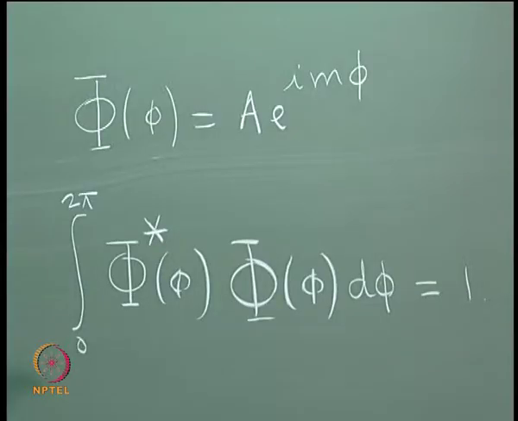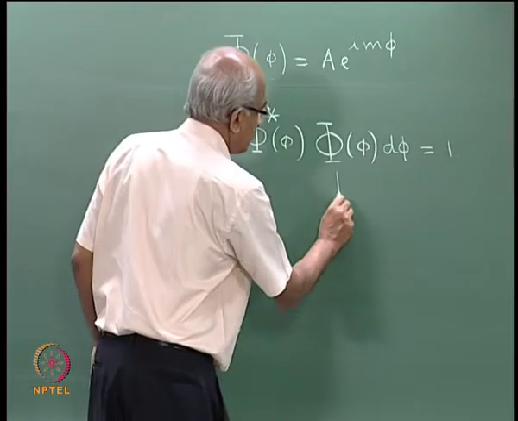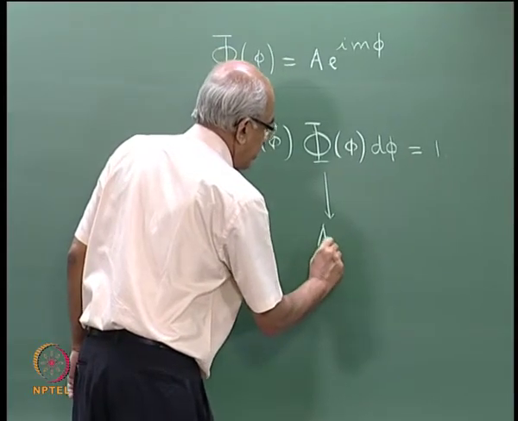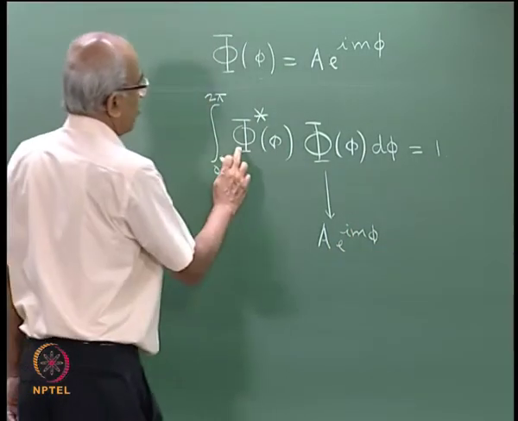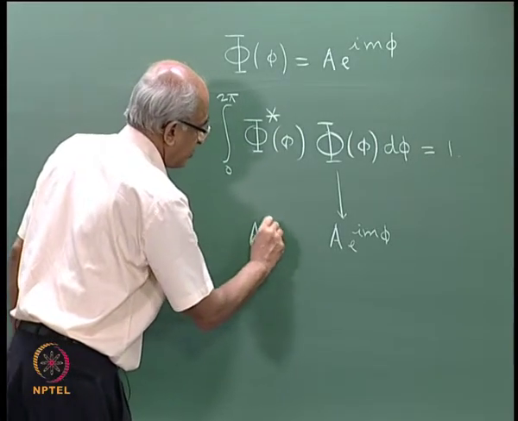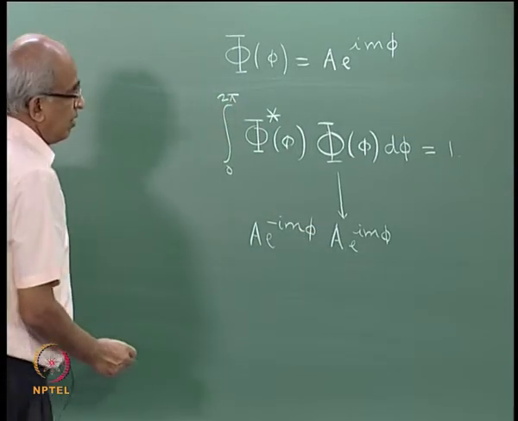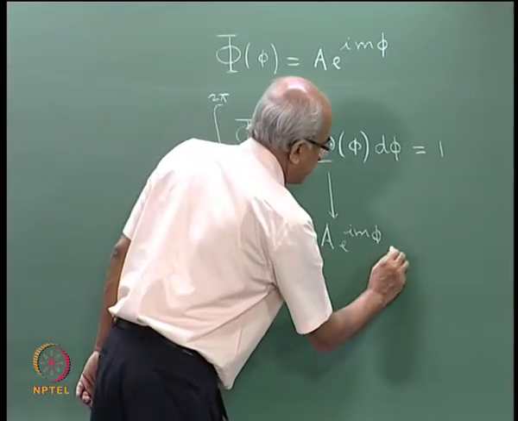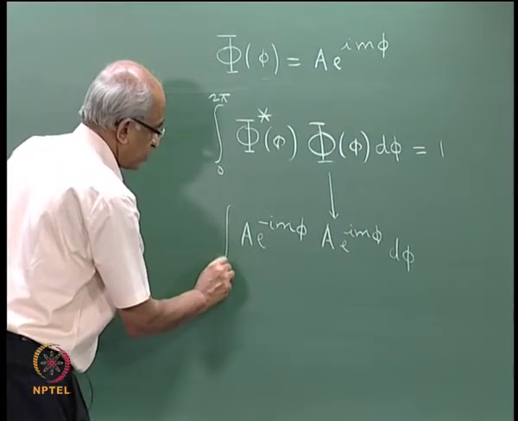So, if you use this condition for this particular function, what is going to happen is this will be A e to the power of I m phi, complex conjugate of phi will be A e to the power of minus I m phi, and you have to multiply by d phi and integrate from 0 to 2 pi.